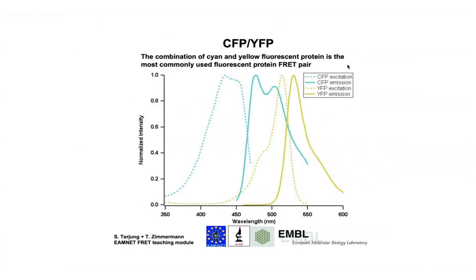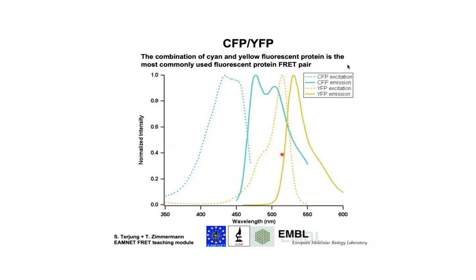A common combination that you might see is CFP and YFP, cyan fluorescent protein and yellow fluorescent protein. And so you'll see things like this blue dotted line, or I guess the cyan dotted line, which is the CFP's excitation. And then the solid line is its emission. You can then see that its emission is going to overlap with the excitation of YFP.